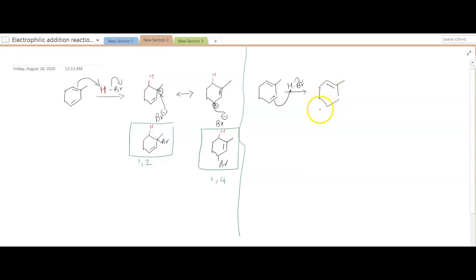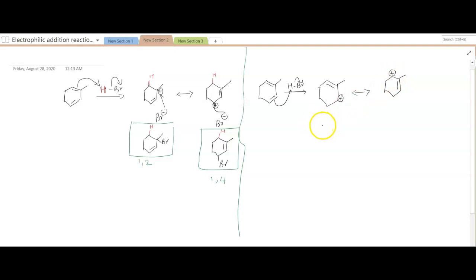However, the positive charge can be drawn on this carbon atom. Again, a resonance structure, where the double bond can be moved over here and the positive charge can be moved over here. It's an allylic carbocation, so you are allowed to move the double bond here with the positive charge here.